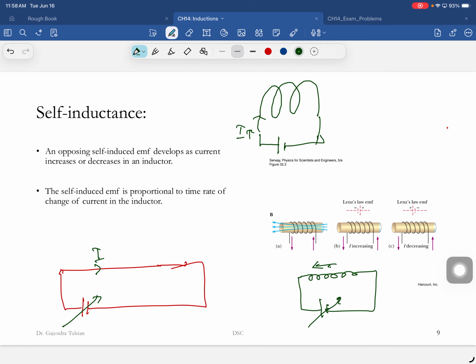So if you try to increase a current, the voltage is in the opposite direction, trying to fight the increase in current. If you try and decrease the current, the voltage is such that it's trying to maintain that current. This fellow just doesn't like changes in currents. You connect an AC voltage to it, he's not going to like it.